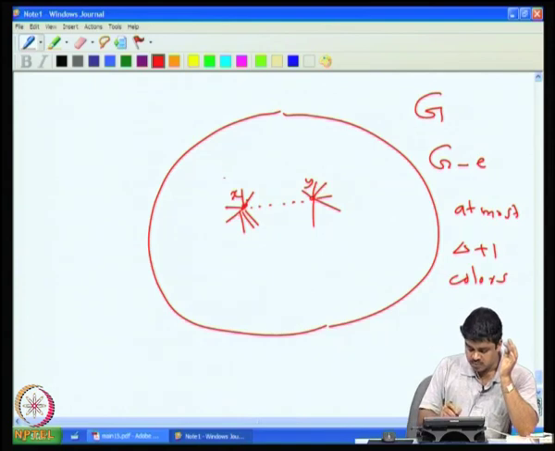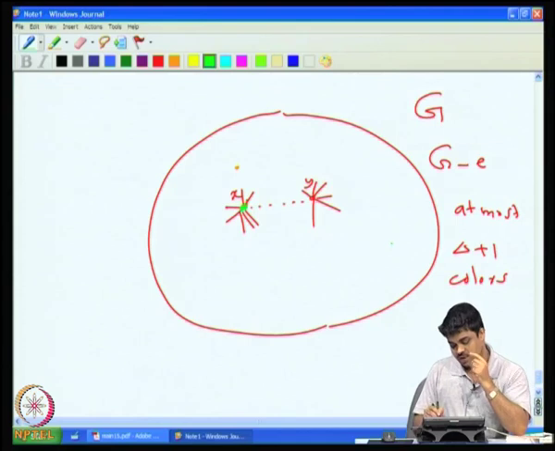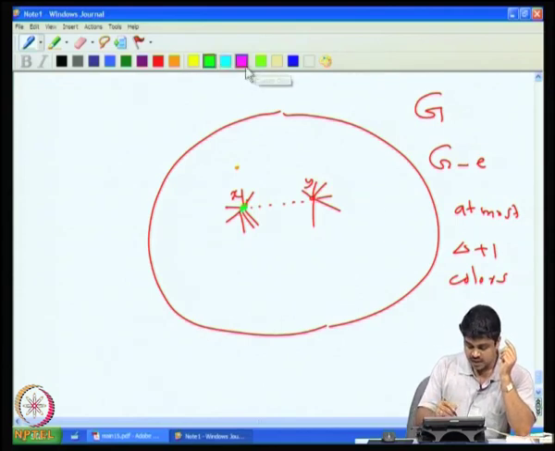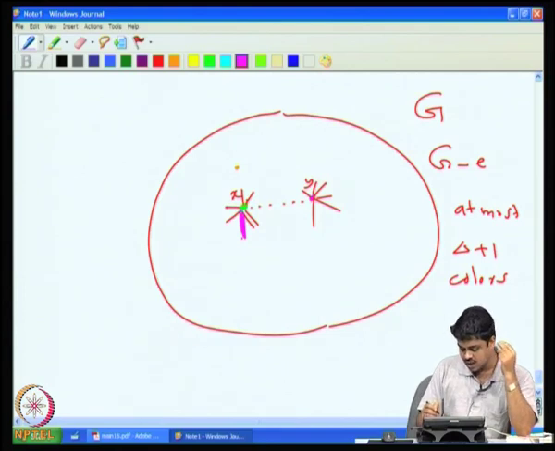Suppose some color is missing, maybe green color is missing here, that means green is not there on any of these edges, and here let us say violet is missing. Now, what will happen if I trace, like earlier, the violet? Suppose there is a violet here, and I trace the violet.